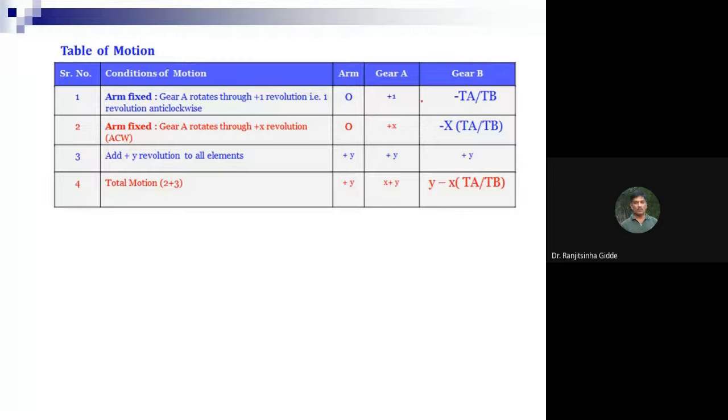Now the total motion of gear A is x plus y. The arm condition they have given: the arm rotates at 150 rpm in the anti-clockwise direction.